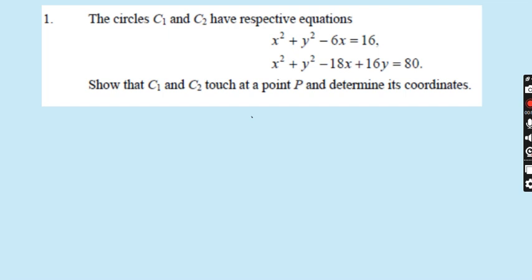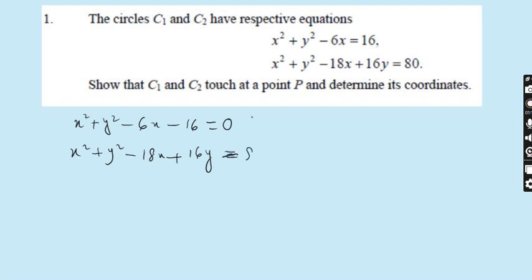Two circles C1 and C2 have respective equations x square plus y square minus 6x minus 16 equals to 0, and x square plus y square minus 18x plus 16y minus 80 is equals to 0.